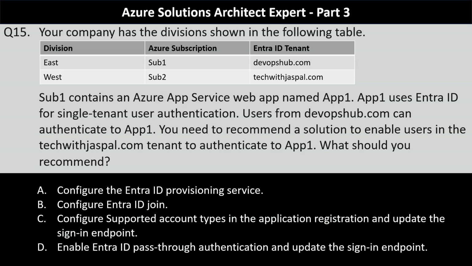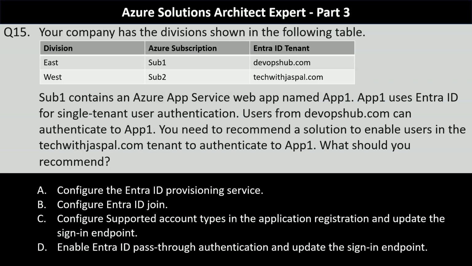Your company has the divisions shown in the following table. You basically have two divisions named East and West. East is hosted in sub 1 subscription and West is hosted in sub 2 subscription. Now, East division uses an Entra ID tenant named DevOpsHub.com and West division uses an Entra ID tenant named techwithjaspal.com.